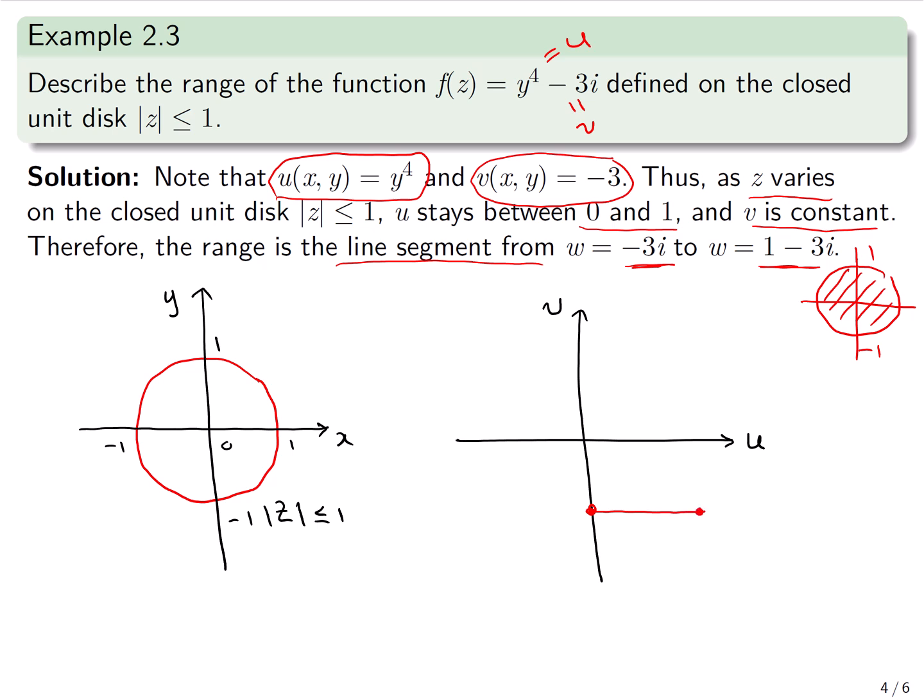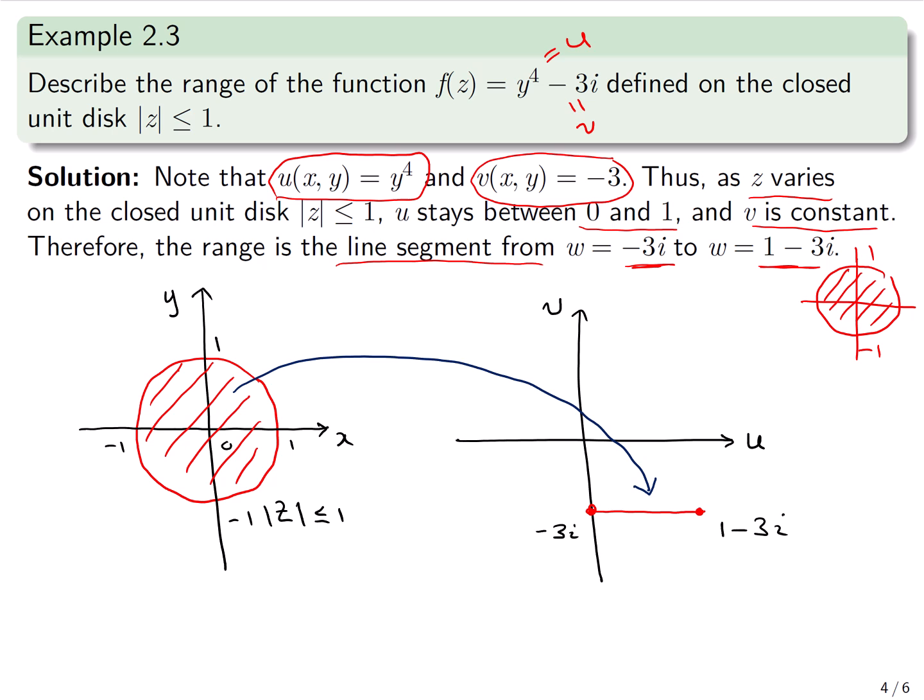So this is the -3i value, and this goes to 1 minus 3i. That's where it maps. So this closed disk maps to this line segment.